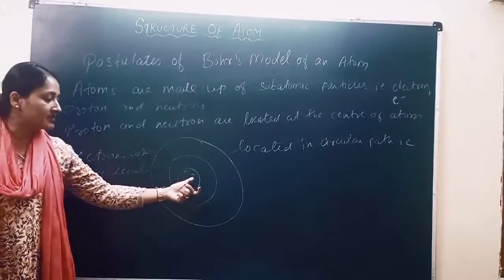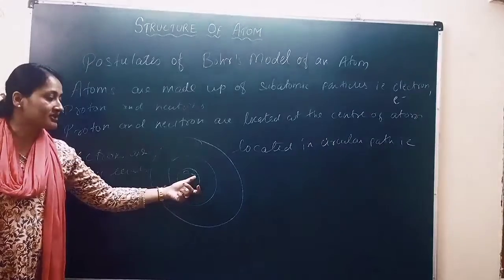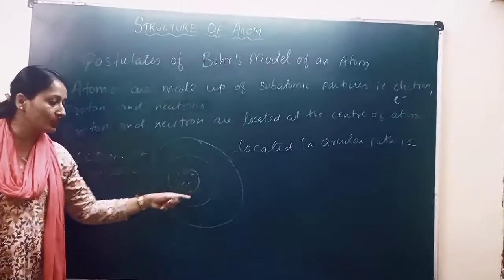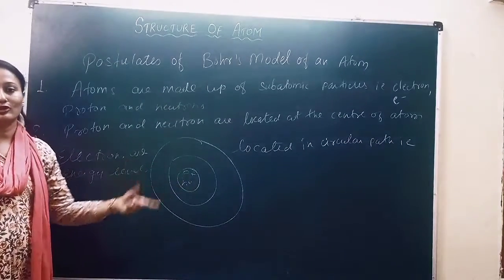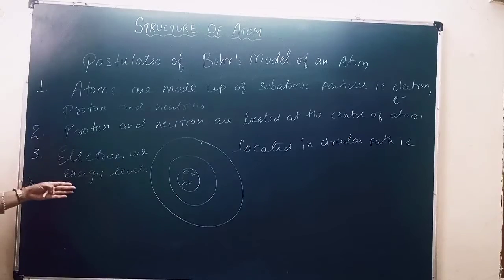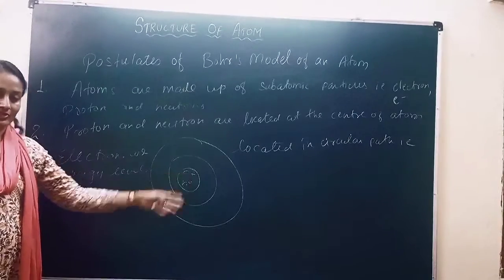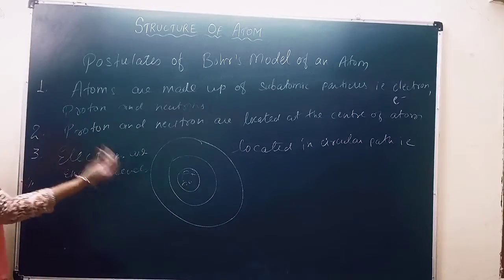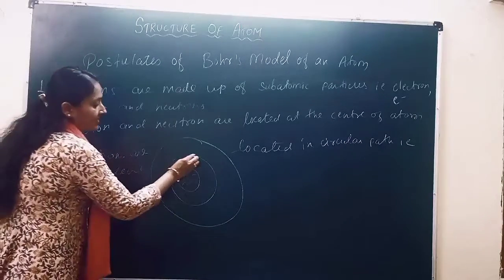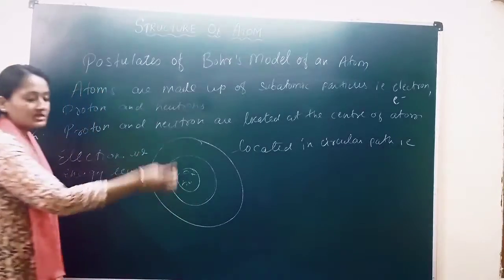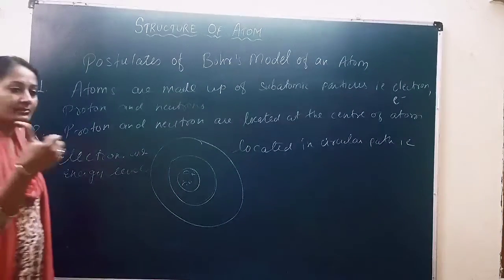See, protons are present at the center and protons carry positive charge. So overall the nucleus is also positively charged. So what is our fourth postulate? Nucleus is positively charged.